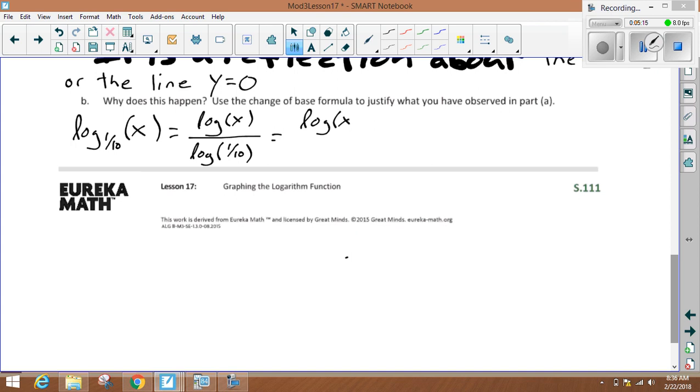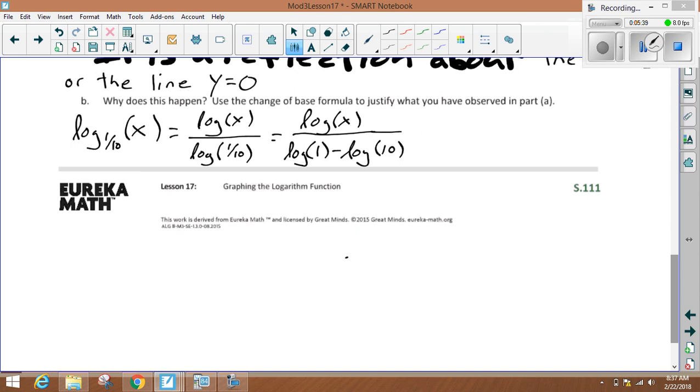That's log base 10 of x divided by, isn't that log base 10 of 1 minus log base 10 of 10, right? We're going to use our property of logarithms. So split that up, that's our denominator.